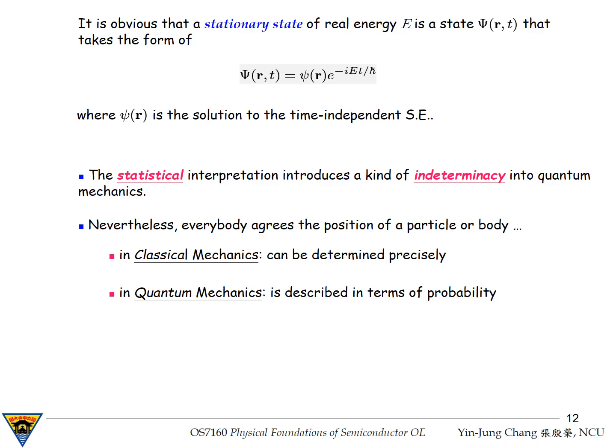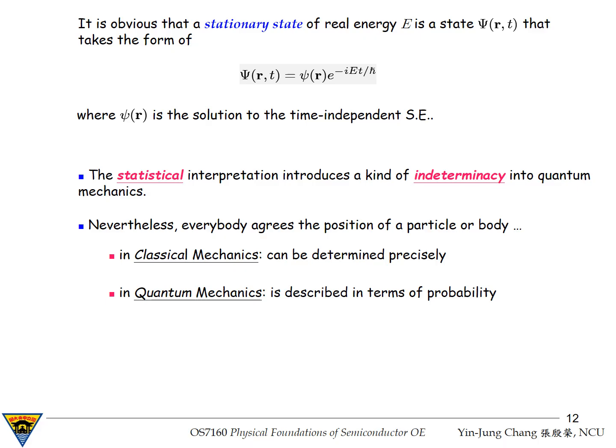Before we end this section, we need to draw out the deeper conceptual consequence of the Born interpretation. The statistical interpretation introduces a kind of indeterminacy into quantum mechanics. That is, even if the wave function is known completely, if we want to know the exact position of a particle such as an electron, the theory doesn't tell us the exact outcome of an individual position measurement in advance.